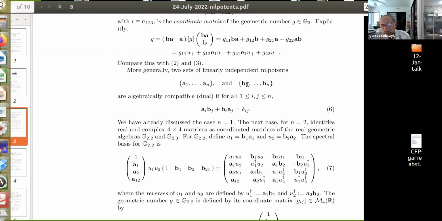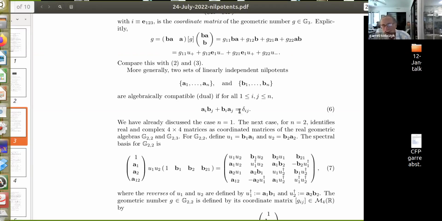Grassmann algebra. And I'm saying that this Grassmann algebra is algebraically compatible or dual if for all i, j, 1 less than or equal to i, j less than or equal to n, ai times bj plus bj times ai is equal to the Kronecker delta ij.